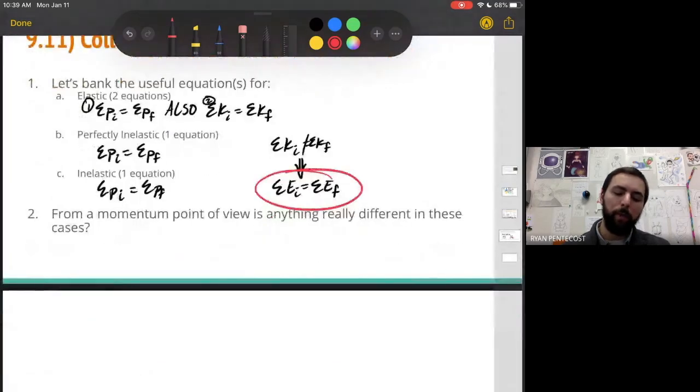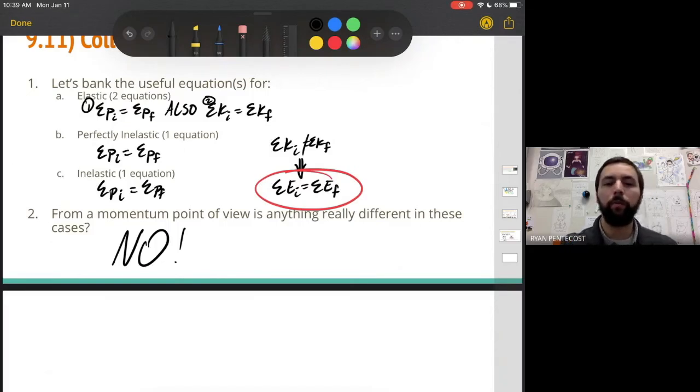So now from a momentum point of view, is anything really different in these cases? The short answer is no. Okay? If you look at momentum, you're going to have conservation of momentum in all three of these cases. Okay? The only difference is going to be that in perfectly inelastic, you have two objects colliding together.